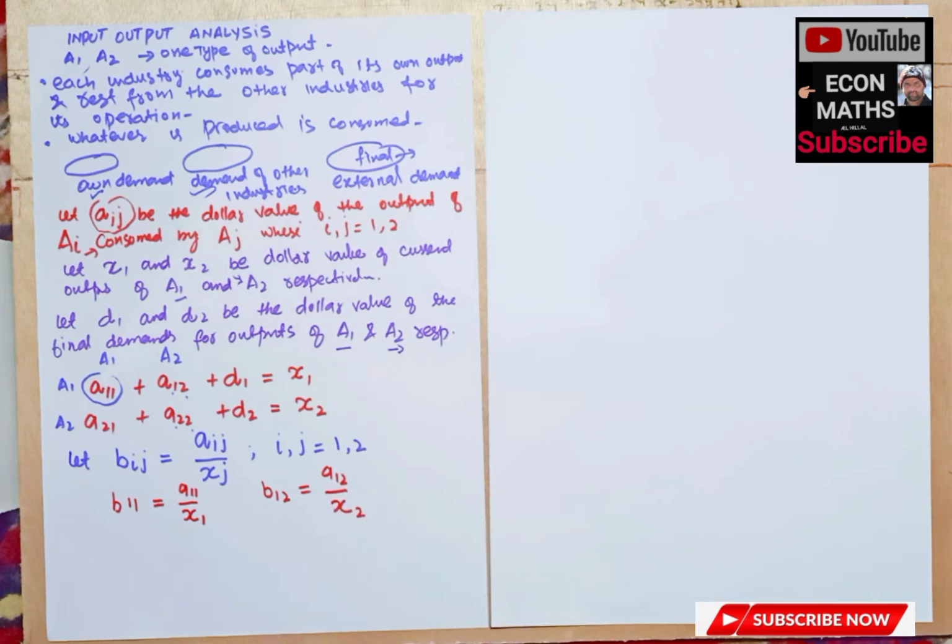Similarly, we have B21 equal to A21 divided by X1.